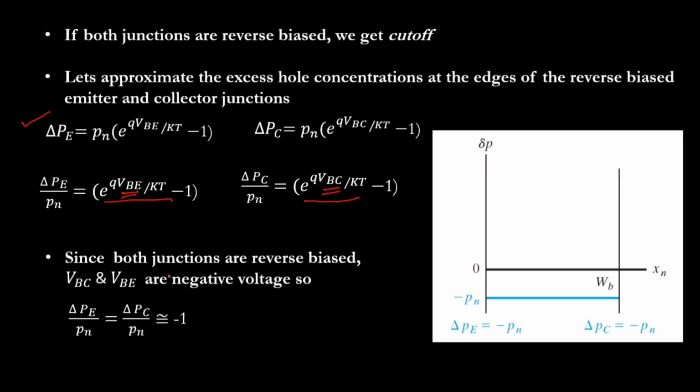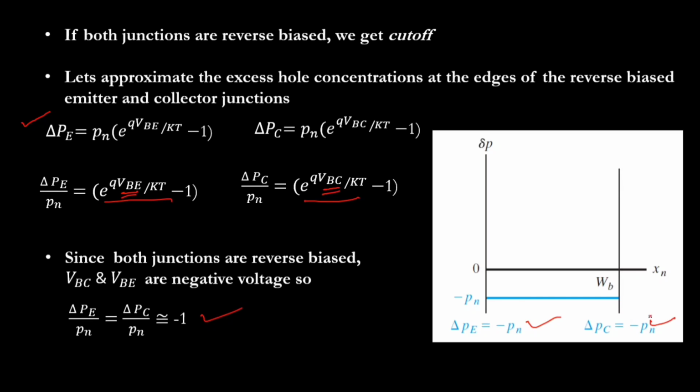So what we will get is delta PE by Pn equal to delta PC by Pn, almost equal to minus 1. Since we apply a negative pulse to VB as well as negative voltage to VCB, we can omit this term and we finally get this. So I can write delta PE is equal to minus Pn, delta PC is equal to minus Pn.